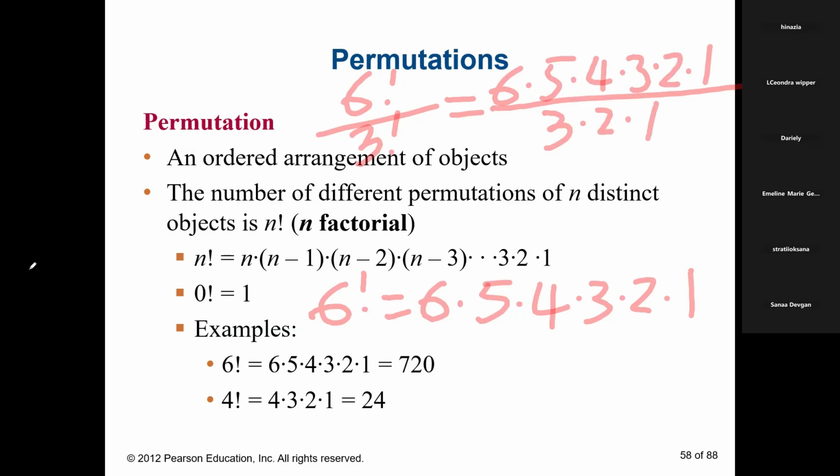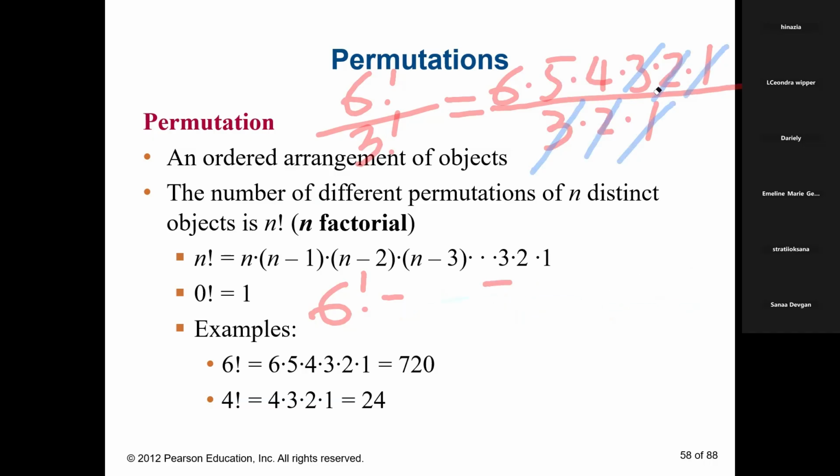And then what can we do here? We simplify. Simplify the 3, simplify the 2, simplify the 1. And then you have only 6 times 5 times 4.